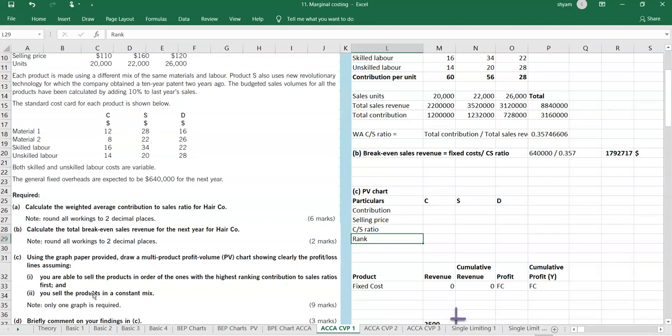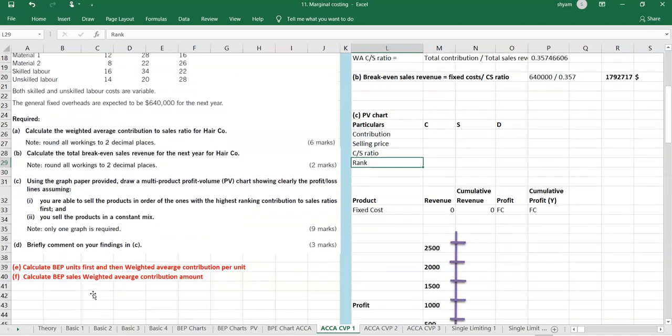See, constant mix calculation is quite easy. So first we'll start from that chart. How do we start with that?